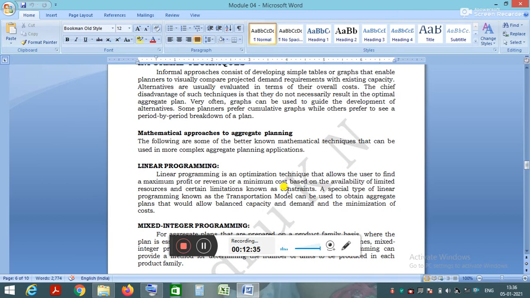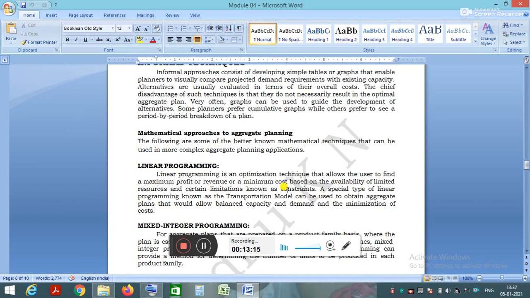By using this technique, the decision makers can easily find out the maximum profit and the minimum cost based on the availability of limited resources. Each organization has its own limits. Based on those limits, by following linear programming, a decision maker can easily find out the maximum profit in each alternative, in each method.